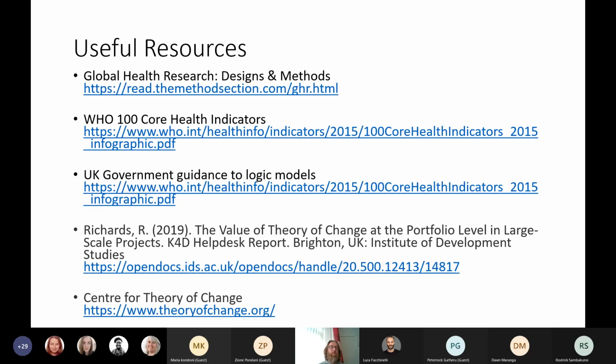Some useful resources. I haven't gone too crazy here, but all of these are readily available online. The first one is a really simple and useful introduction to designs and methods in global health research, and there is a chapter there on outcome and impact measurement. The WHO has a list of 100 core health indicators.